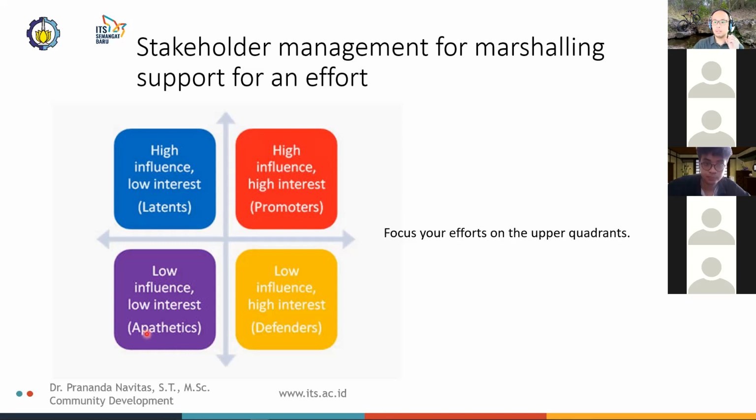Lastly, the purple people, or the apathetics, those with low key and low interest and low influence. Now, those in this category simply don't care about your effort one way or the other. They may be stakeholders only through their membership in a group or their position in the community.